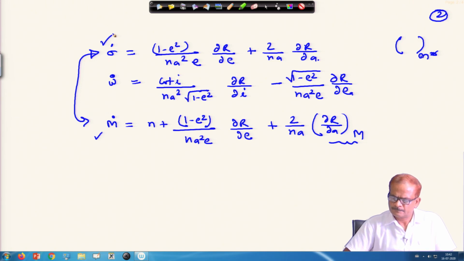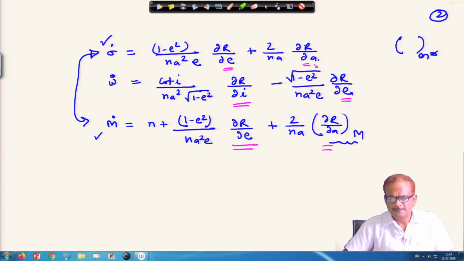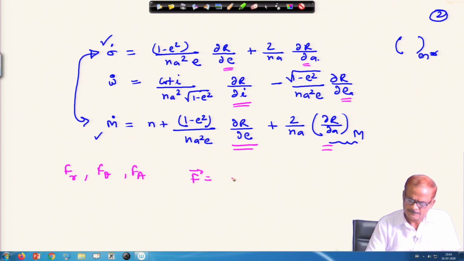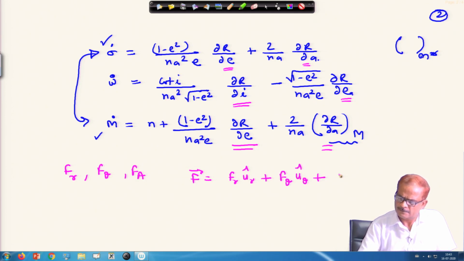Now, in this part what we were trying last time, all these terms appearing here need to be replaced in terms of f r, f theta and f a, where we have described f as f r times u r cap, then f theta times u theta cap and f a times u a cap.